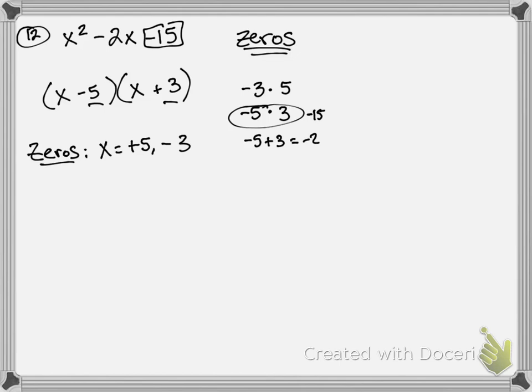Once you get it in the parentheses form, you can just switch those signs, and it's simple. On the graph, positive 5: 1, 2, 3, 4, 5. That's one of the zeros. Negative 3: 1, 2, 3. That's one of the zeros.